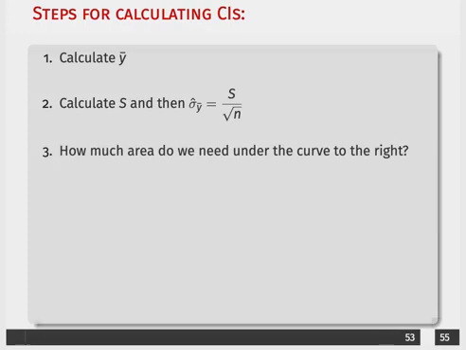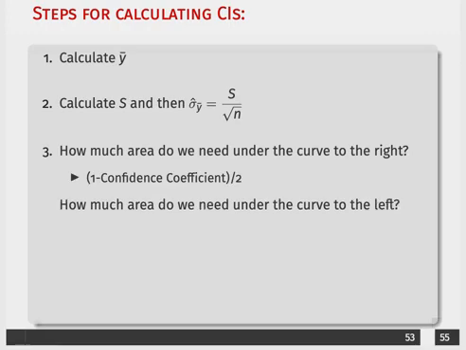Then we need to think about how much area we need under the curve to the right or the left. In a lot of cases when we're doing hypothesis testing, we're going to want to know whether it is the top or the bottom tail. With confidence intervals, we need to know both sides, because we're trying to create bounds around that parameter of interest.